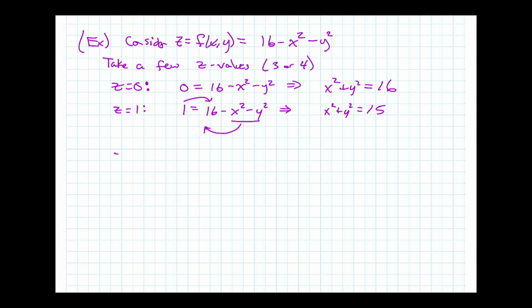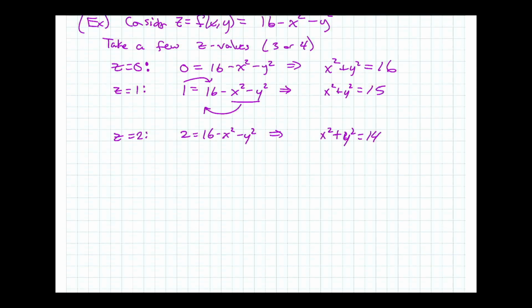Now if you do z equals 2, you get 2 equals 16 minus x squared minus y squared, which is x squared plus y squared equals 14 eventually.